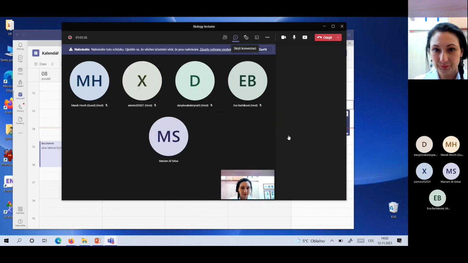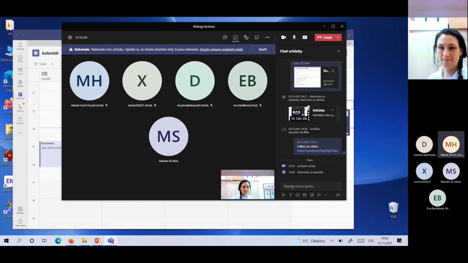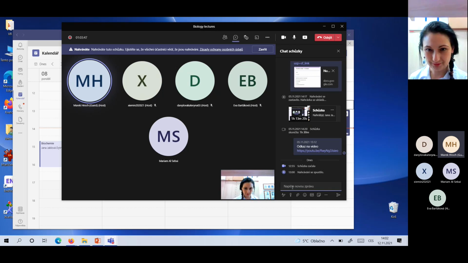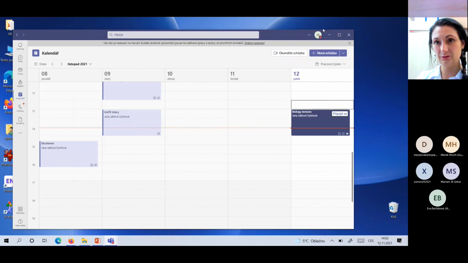If I click here, here is a chat. It says that it's only enabled for team members. I don't know what it means. And you are not a team member. I don't think so. Yeah, it's the same. Okay, so what I said is, whoever is first with the correct answer gets the points. Sorry.